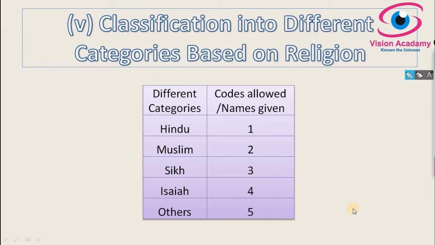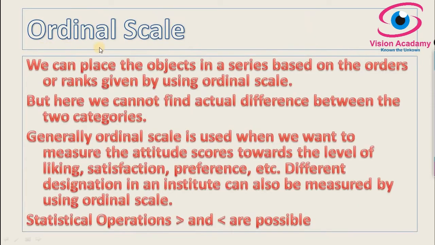So let us move to another measurement scale in statistics, that is the ordinal scale. I told you in the nominal scale we cannot say Muslim is greater than Hindu or Hindu is greater than Muslim. But in the ordinal scale, we can make that comparison by placing the objects in a series based on the order or rank given.